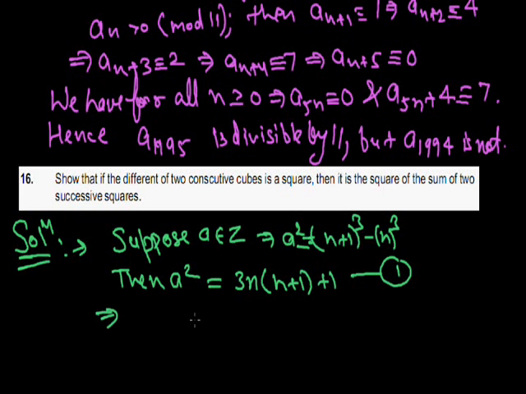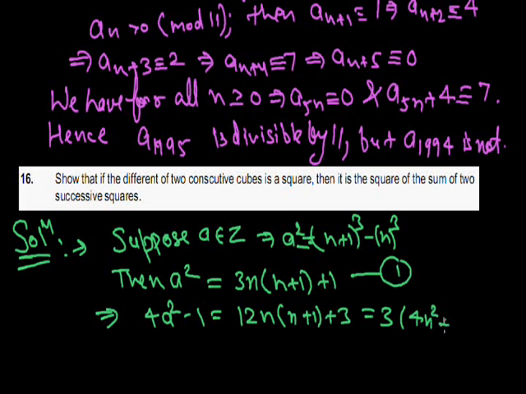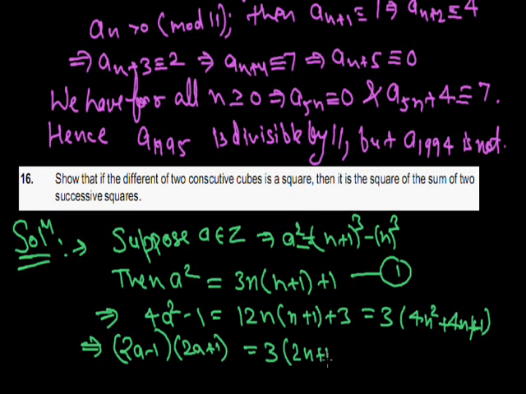Now from here, multiplying equation 1 by 4, we have 4a squared minus 1 is equal to 12n into (n plus 1) plus 3. Now this can also be written as 3 into (4n squared plus 4n plus 1). By factorizing this we have (2a minus 1) into (2a plus 1) is equal to 3 into (2n plus 1) whole squared.